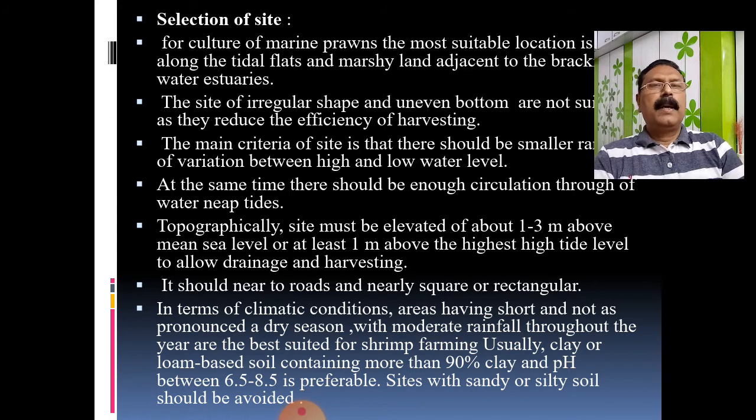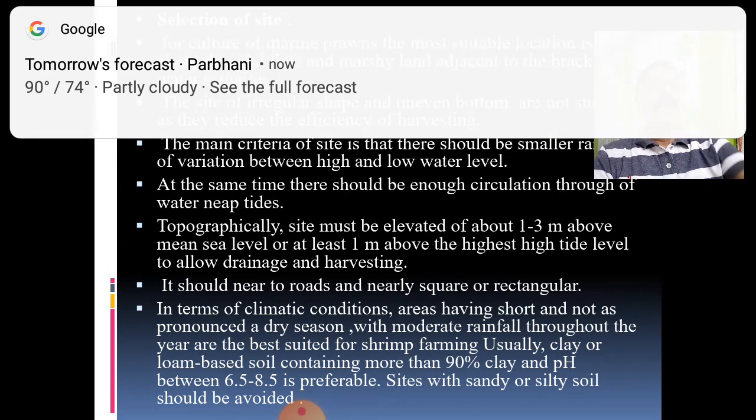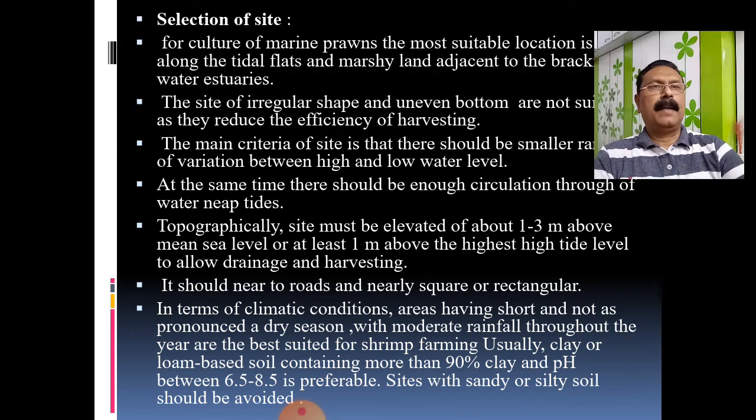Here also, in prawn culture, an irregular shape as well as an uneven bottom is generally not useful, because it may obstruct the efficiency of the netting.